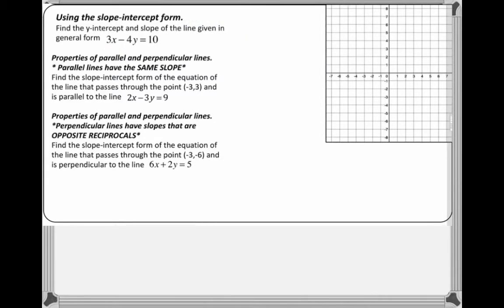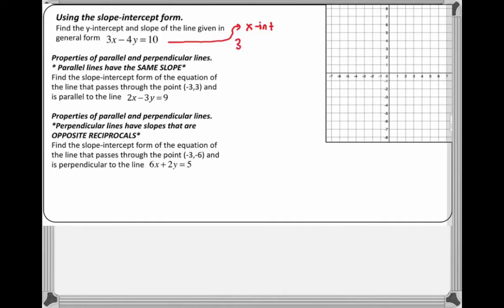So if we're asked to graph this line right here, one of the easier ways to do it with a reasonable amount of accuracy is just to do it by intercepts. If I want to find, for example, the x-intercept of that line, then I can just let y equal 0.